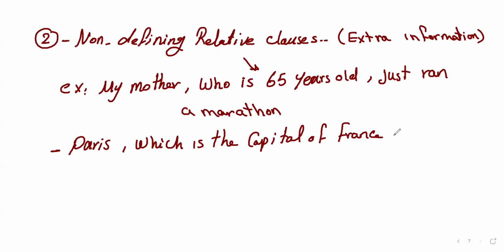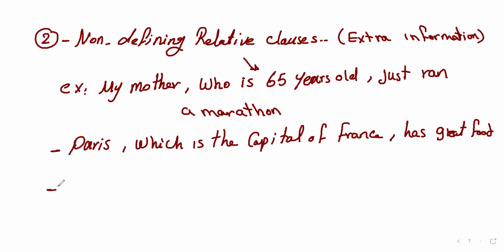We don't need it. Okay. Paris is already identified. The capital information is additional. So try to say the sentence without it. Paris has great food. It's okay. We can understand it. It's a complete sentence. So which is the capital of France is extra information.